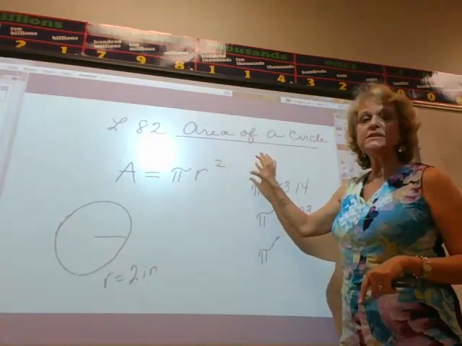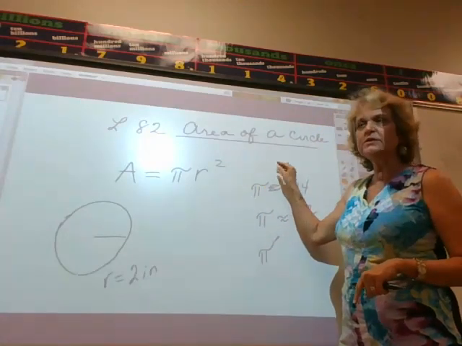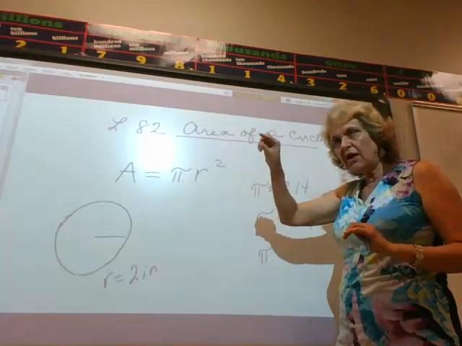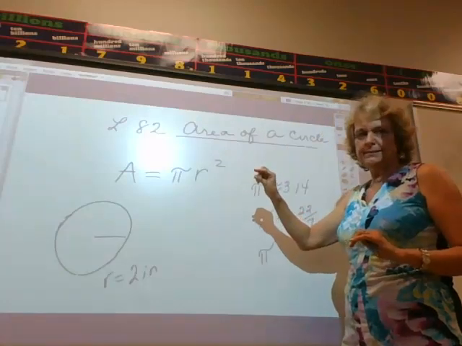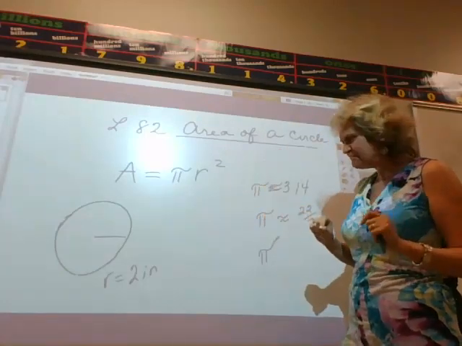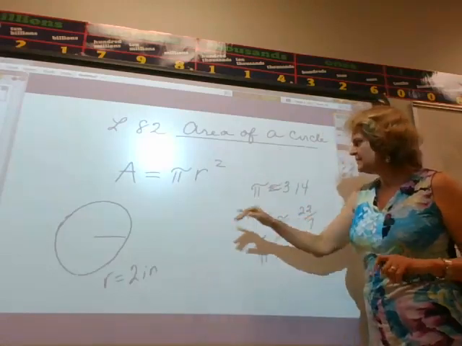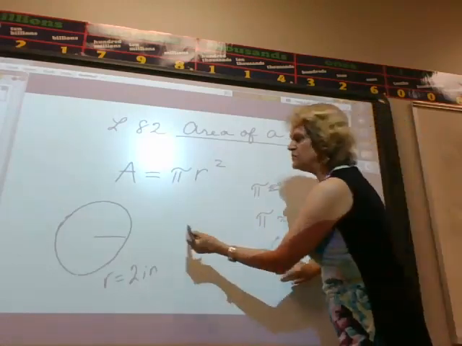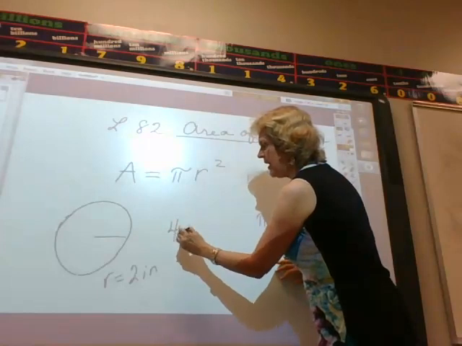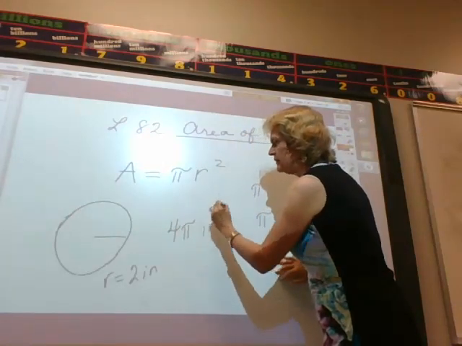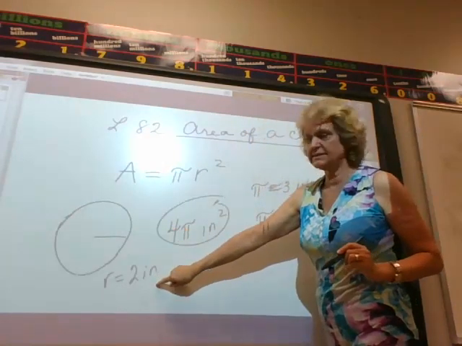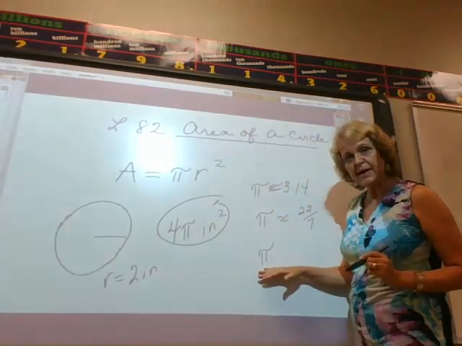Make sure that you only say inches squared. Don't get your answer, call that square, and then say inches squared. That's over squaring. But in this case, if we were leaving pi as pi, we would just say 4 pi inches squared for the area of this.